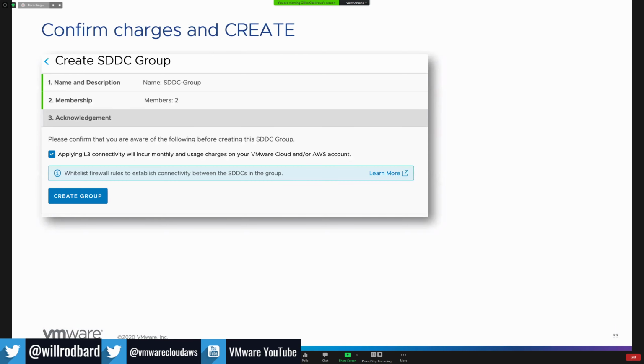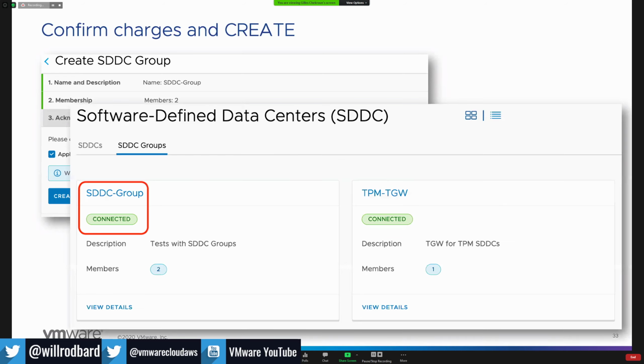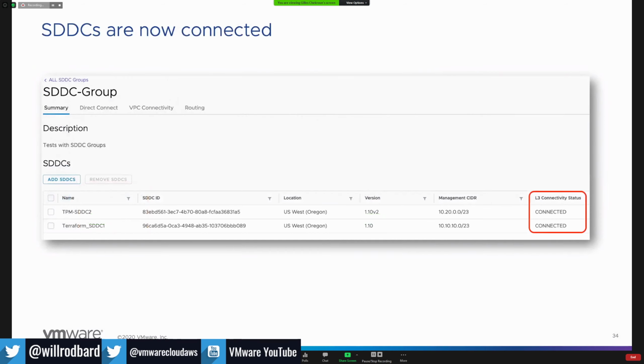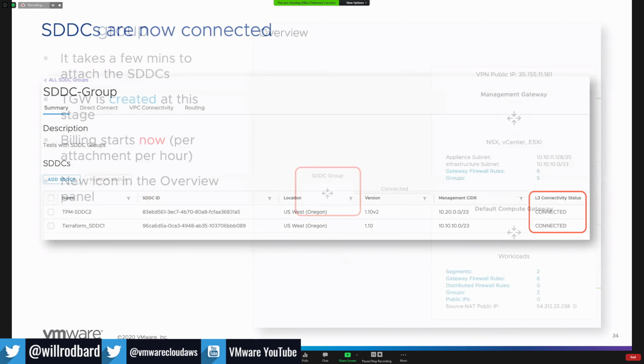Once this is done, you go and apply the layer 3 connectivity, and then we warn you about charges because at this time we will create a transit gateway and the attachment that goes with it. So after a few minutes, you get an SDDC group with two members, okay? And the members are my two SDDC, 1 and 2, and the status of layer 3 connectivity is connected.